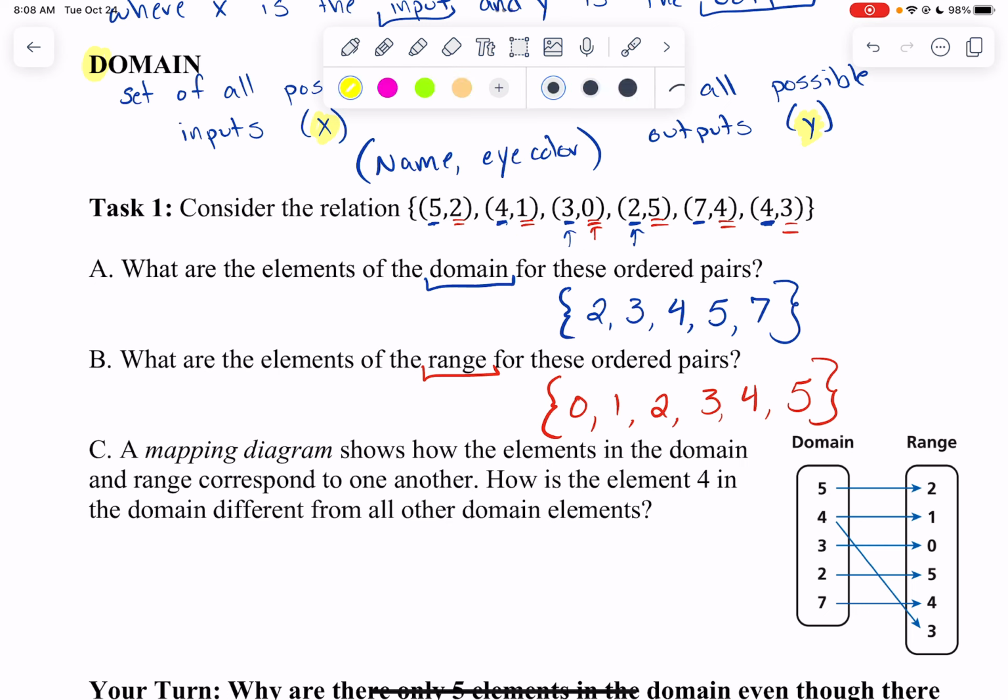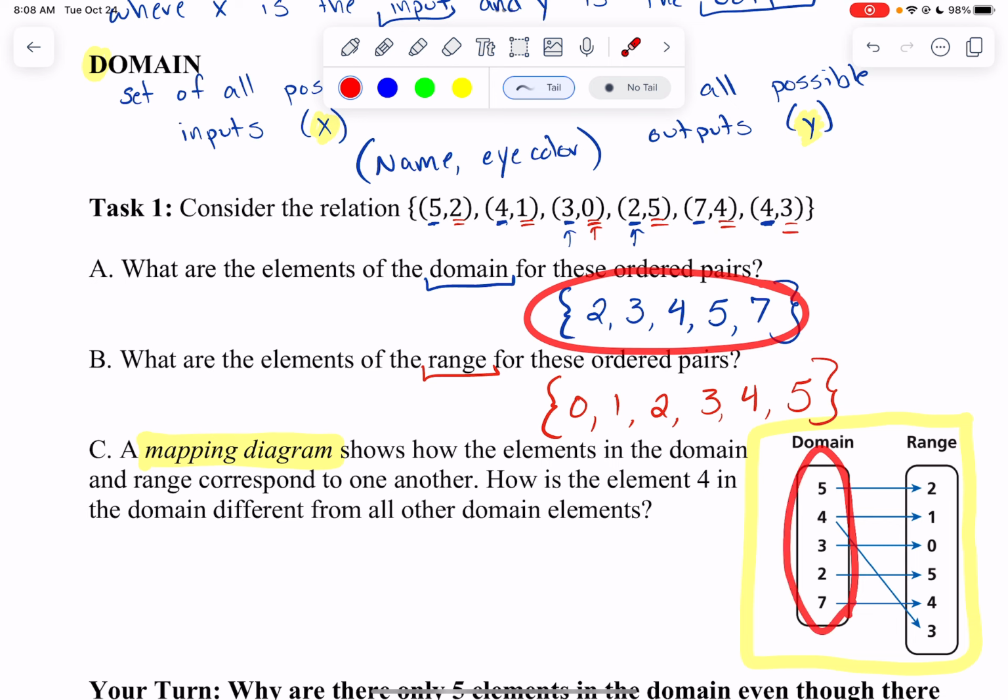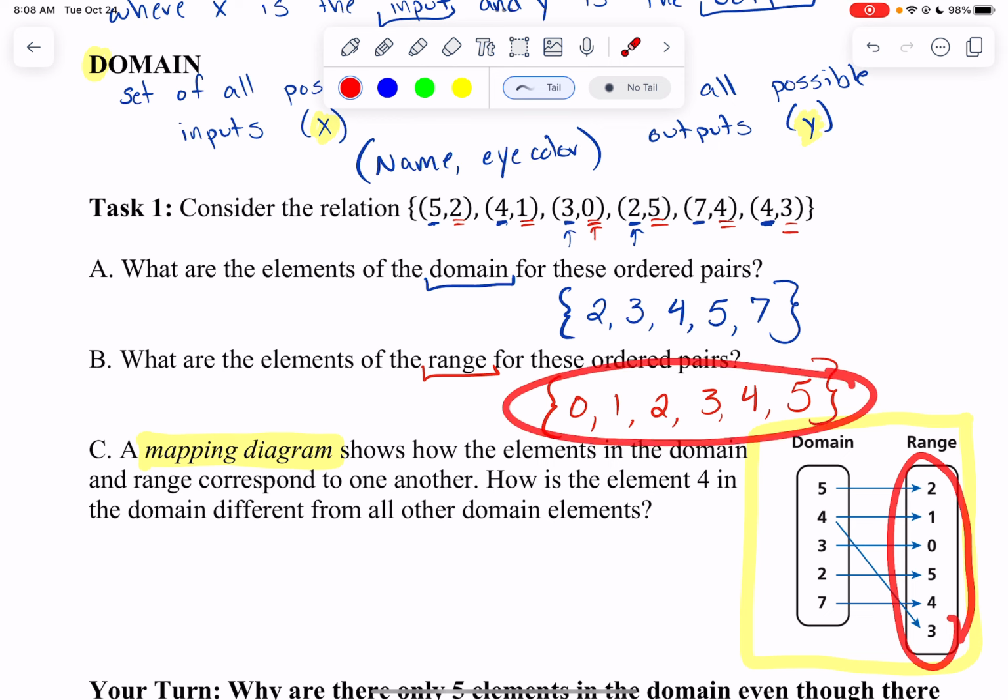Next, we're going to talk about what a mapping diagram is, and we will reference this in our practice. A mapping diagram is basically this. All of my domain values are here: 2, 3, 4, 5, and 7, and all my range values are there: 0, 1, 2, 3, 4, 5.